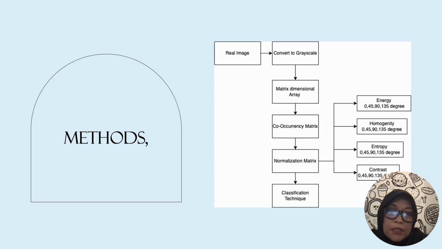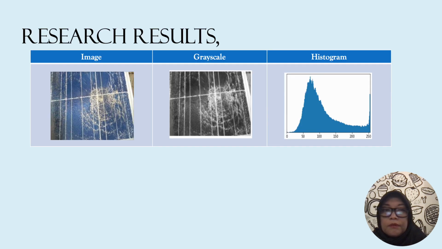This is my research method. From the real image, convert to grayscale and then to matrix dimensional array to become a co-occurrence matrix. Then we normalize the matrix, become energy, so we can get the result for energy, homogeneity, entropy, and contrast.